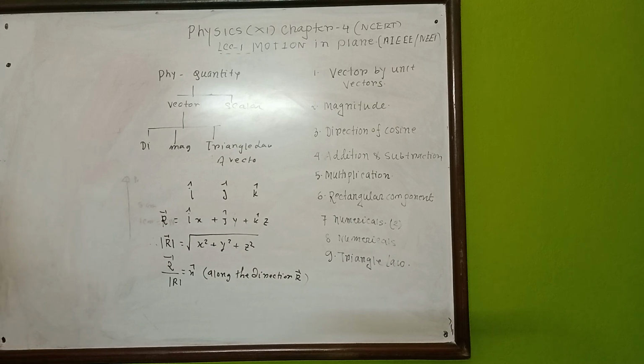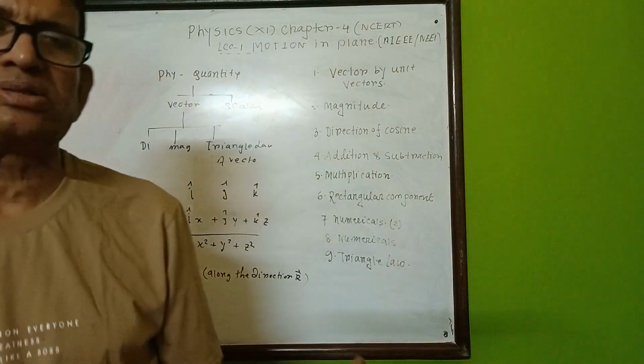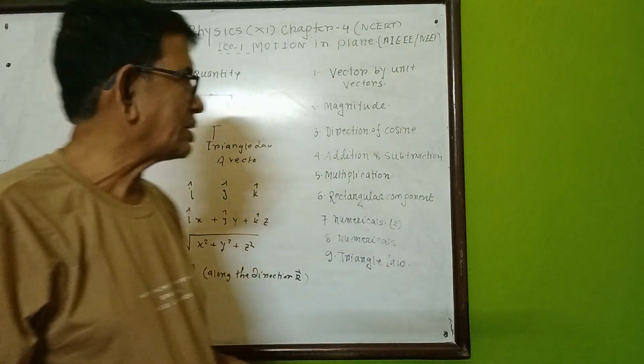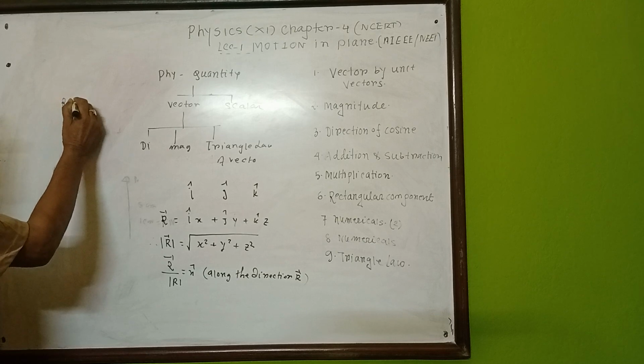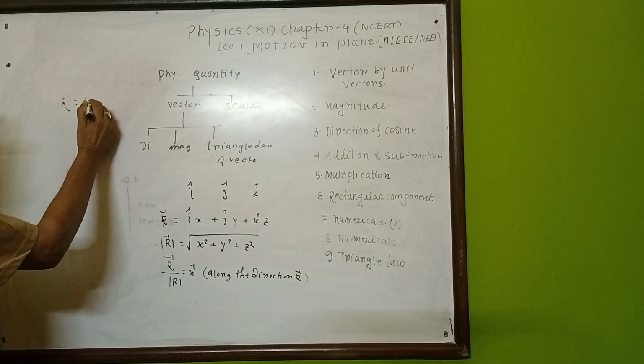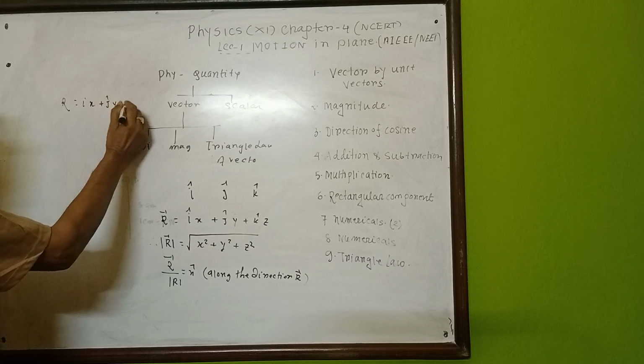Now what is the next question coming? That is how I get the direction cosines. The r vector, I have already told you, r = xi + yj + zk.